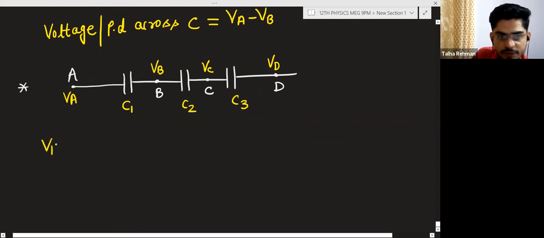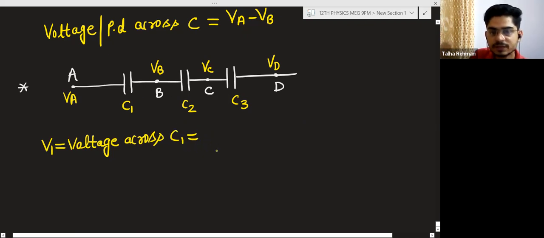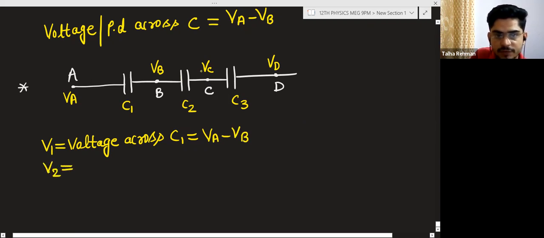If you calculate V1, what is V1? V1 is the voltage across C1. Voltage is potential difference. It is VA minus VB. If you want to calculate V2, then VB minus VC.